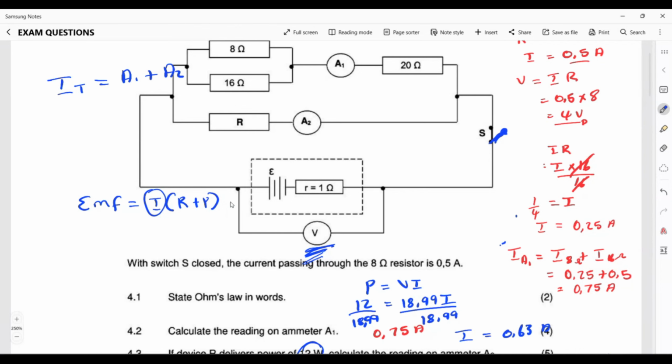That's the total current, and it is the current that comes out of my battery over there, and then it splits. The other current goes to A1, the other current goes to A2. So which means I'm going to add 0.75 plus 0.63.